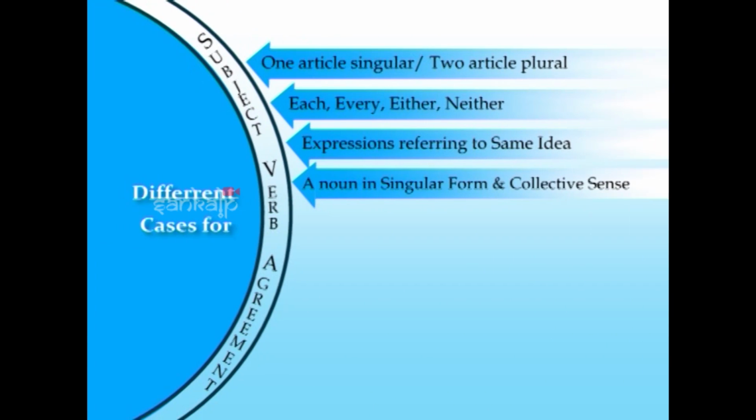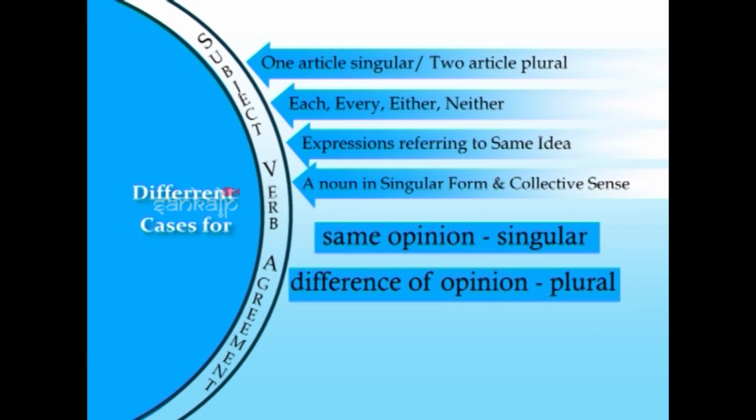Or committee is of the same opinion. But the moment members are divided, we use committee are divided. Some words like committee, jury, parliament: when same opinion, we use singular.